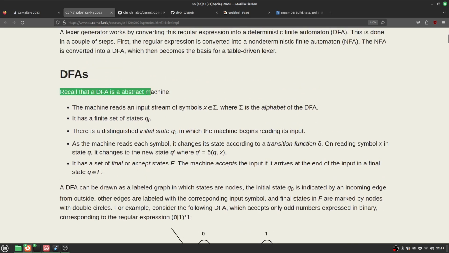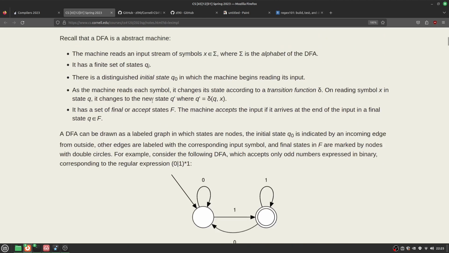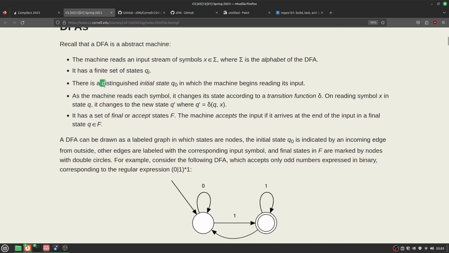Okay. Recall that a DFA is an abstract machine. The machine reads an input stream of symbols. The symbols are in the alphabet sigma, where sigma is the alphabet of the DFA. It has a finite set of states, Q sub i. There is a distinguished initial state, Q sub 0, in which the machine begins reading its input.